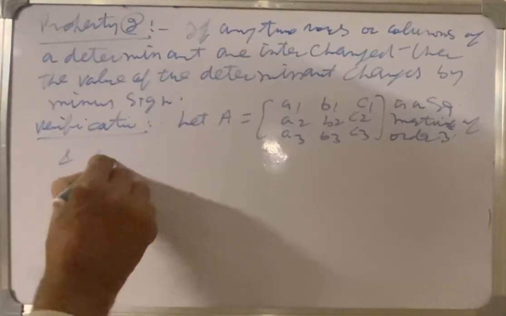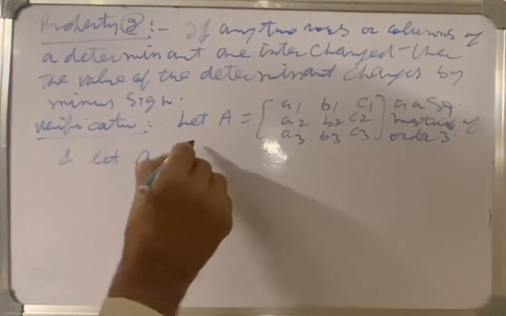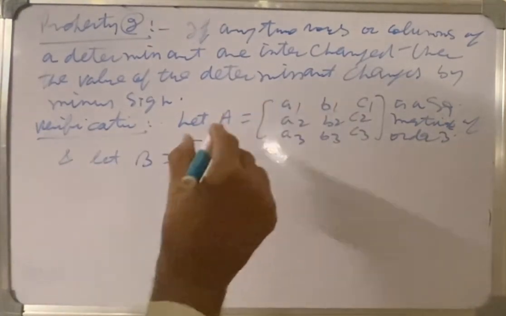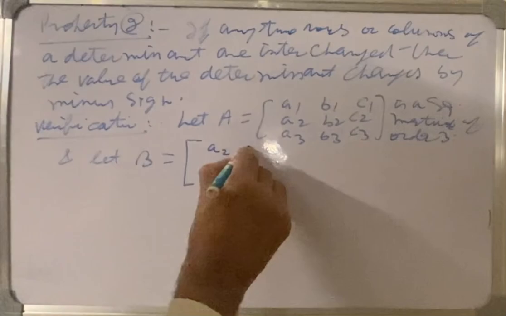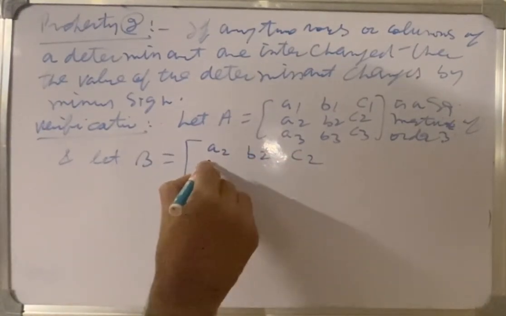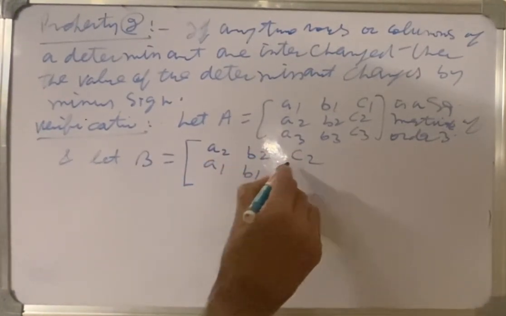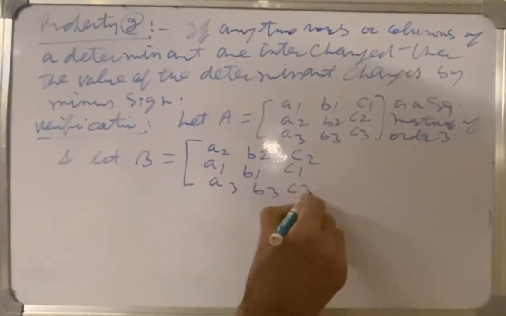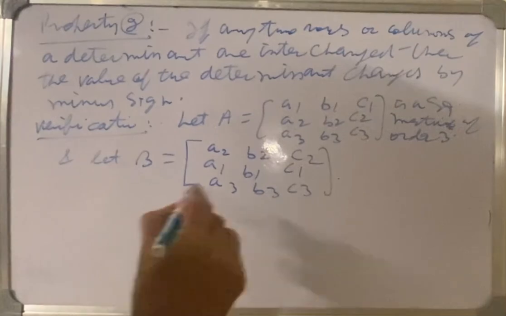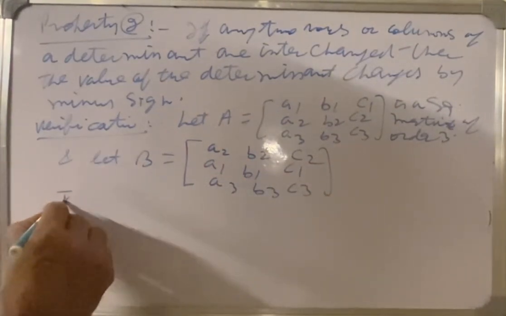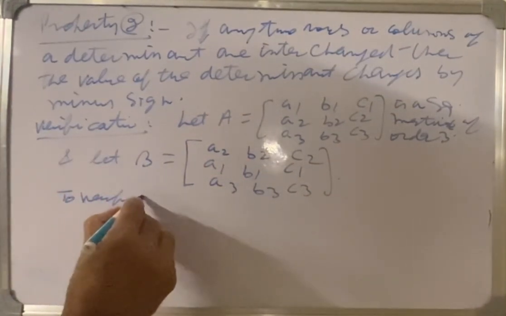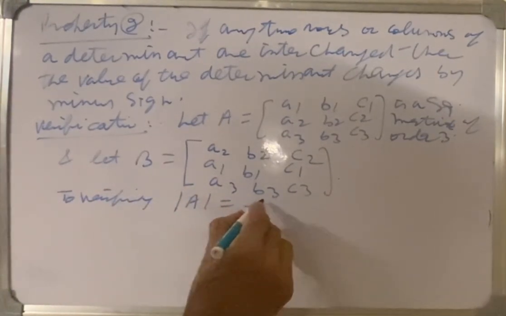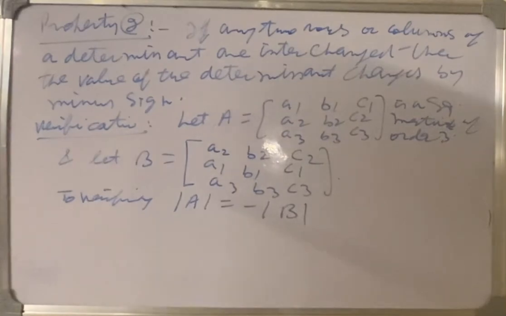And let matrix B be, we shall interchange the first and second row, A2 B2 C2, A1 B1 C1, A3 B3 C3. To verify: determinant A is equal to minus determinant B.